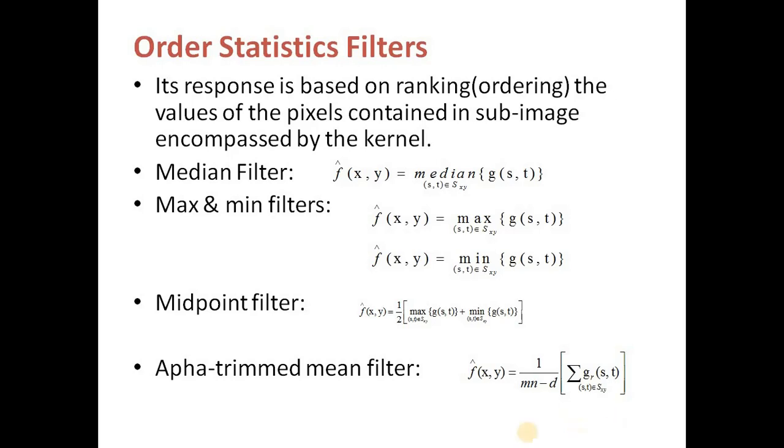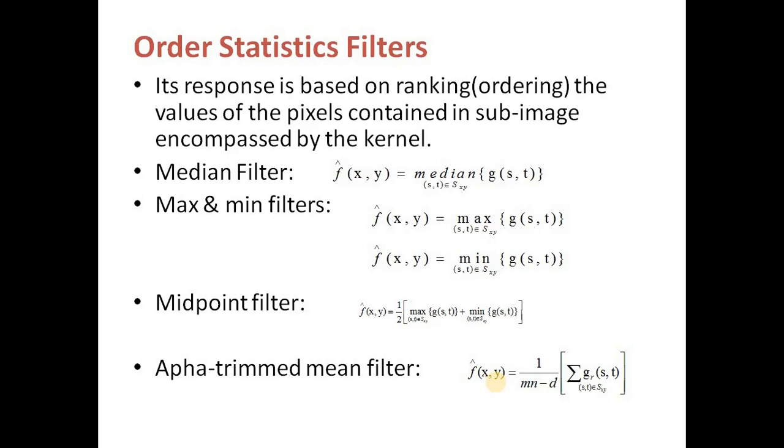Whatever intensities are left after this removal comprise g subscript r of s comma t, and the mean of those remaining intensities is calculated and assigned to f cap of xy.